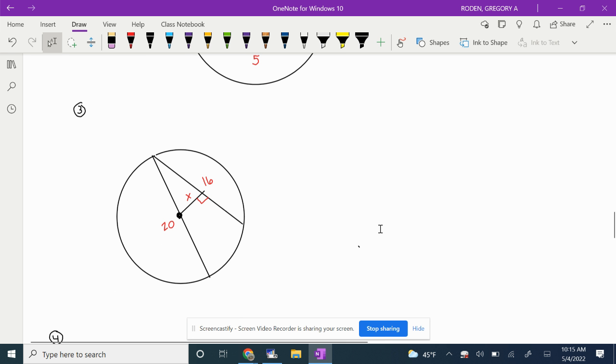Your job, we're going to find the value of x. So this one's a little more funsy in my opinion. Okay? So our job is to find the value of x.